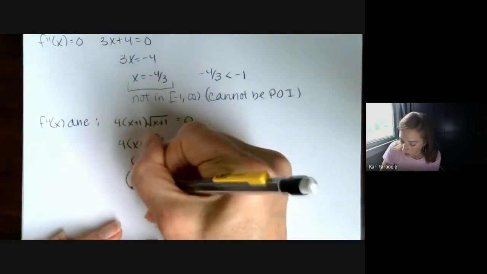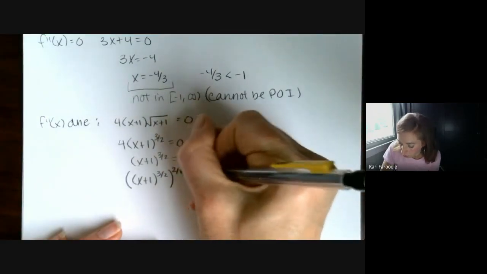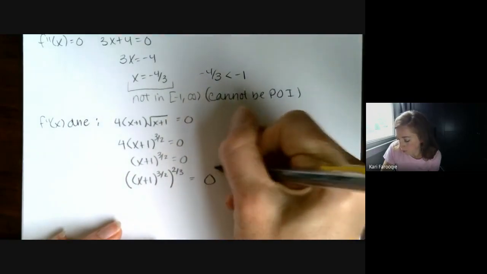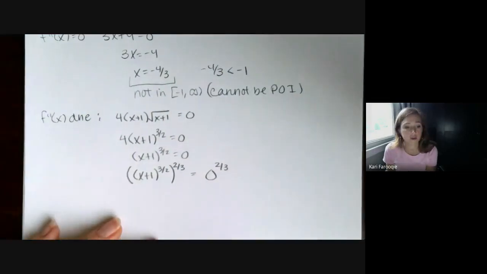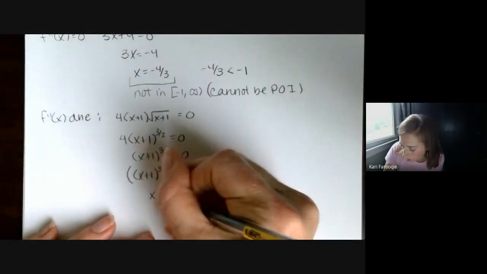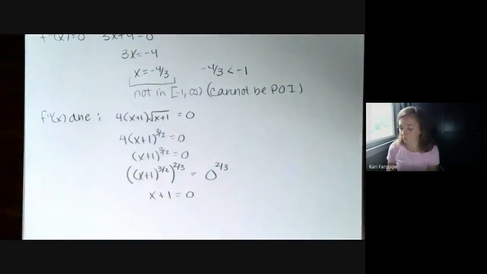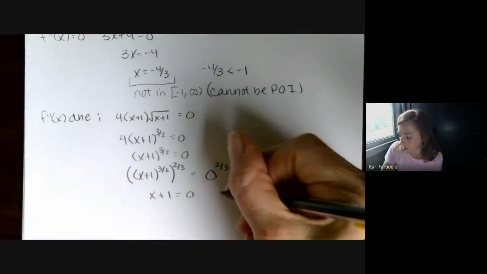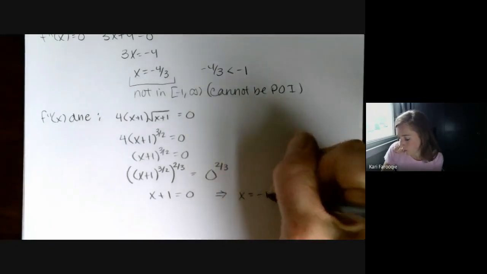Remember to do that, you raise it to the reciprocal power. If you raise it to the reciprocal, remember you take a power to a power, you multiply the powers. Well, 3/2 times 2/3 gives you 1. And then you get x equals -1.